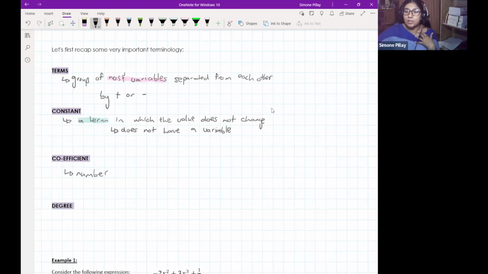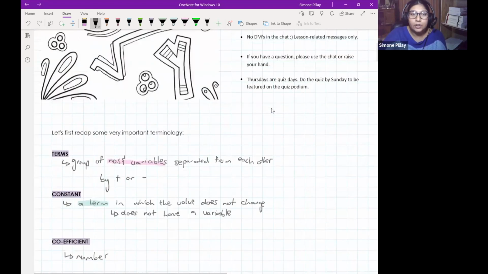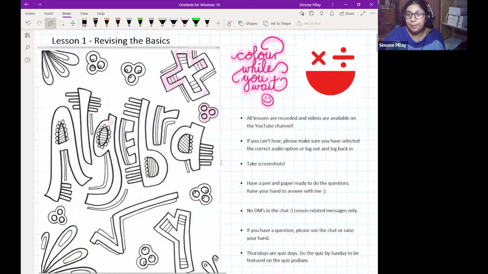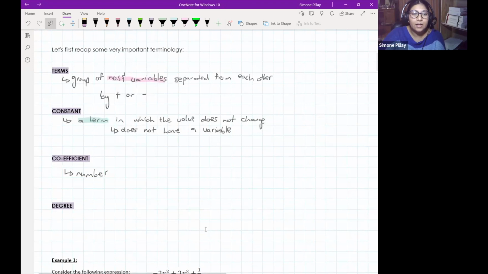Immediately, we have started with a new topic, which is algebraic expressions. Right now, what we're looking at is we're just revising basics. So a coefficient is a number in front of a variable, okay?